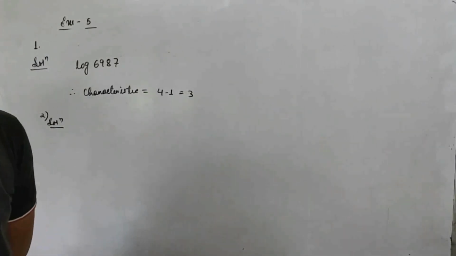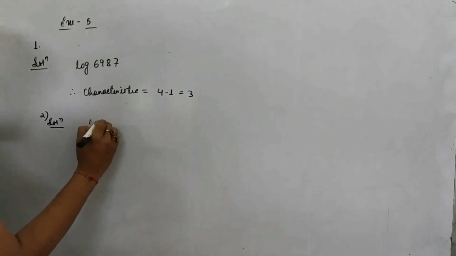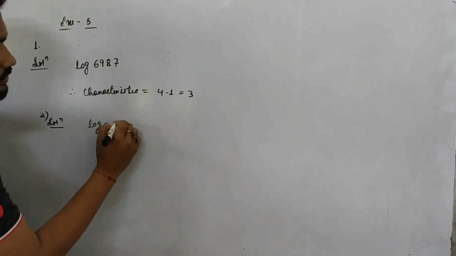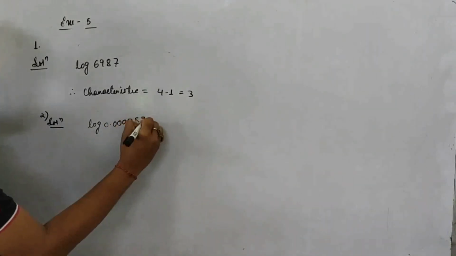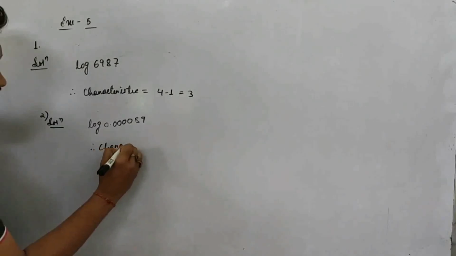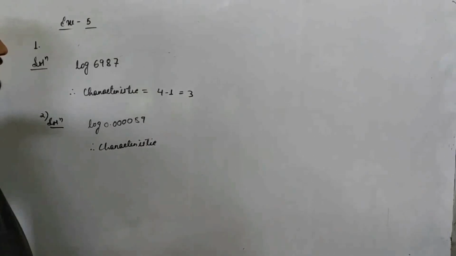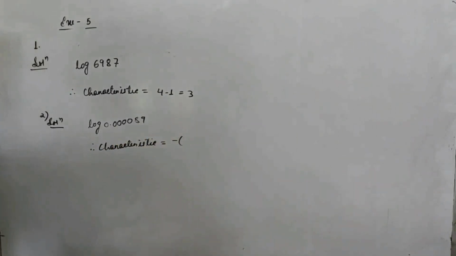Number 3, I am doing: log of 0.000012349. How many zeros are there? 1, 2, 3, 4. So the characteristics will be equal to minus of n plus 1, where n is the number of zeros.